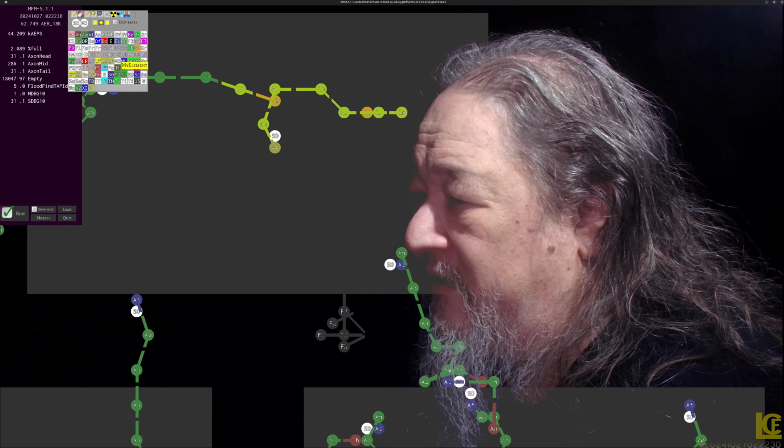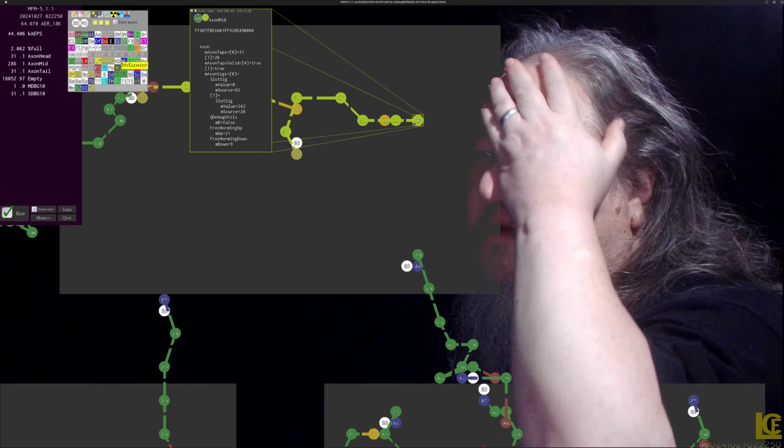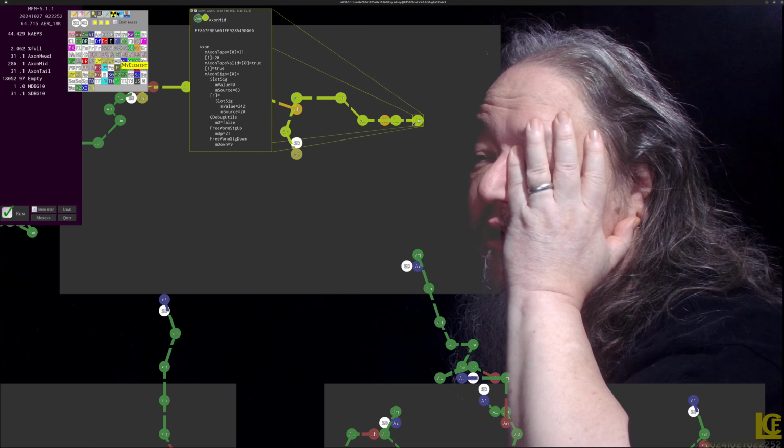So that's another problem to deal with. Why is this not dying back? Because he thought he was at a midpoint. Well, he is at a midpoint.